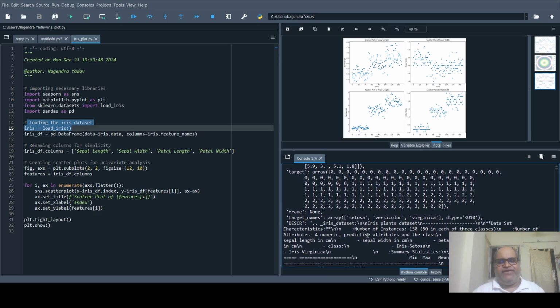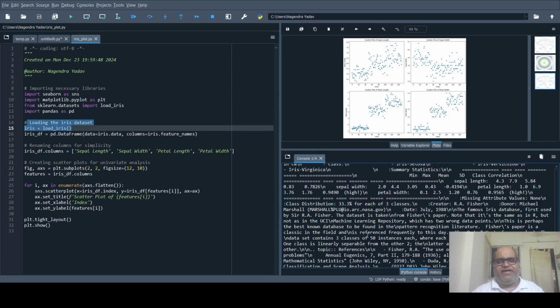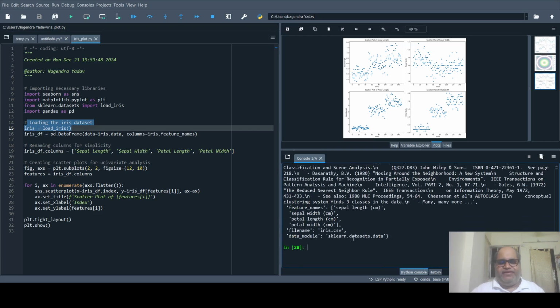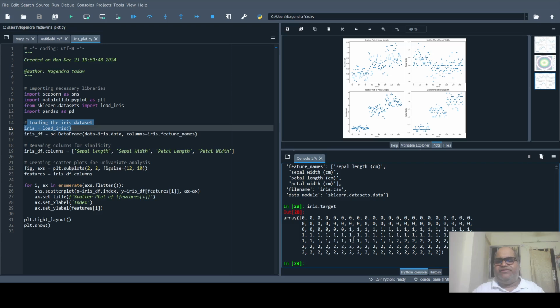So if you see here, iris target, you see all the individual targets. Then at the next slide we have converted the data part of it into a data frame. That's where you can look at iris_df.